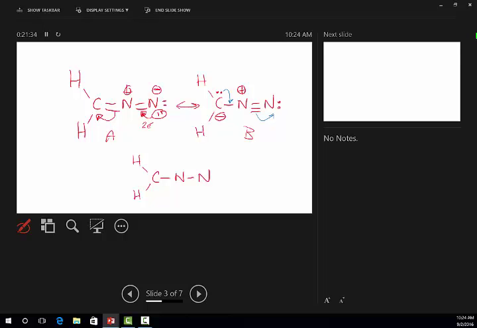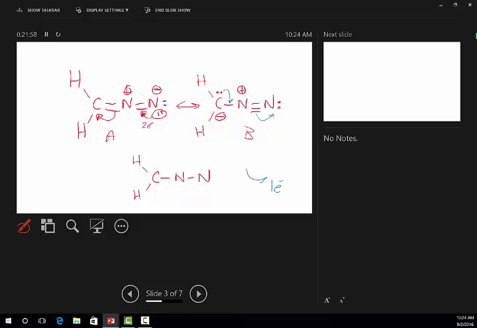I have a question. On like the Sapling homework, sometimes you do like half an arrow. Yeah, a half of an arrow, which looks like this, the fish hook, that indicates the movement of one electron. We're not to that point yet. So Sapling has, I think, the ability to switch between a half arrow and a full arrow.